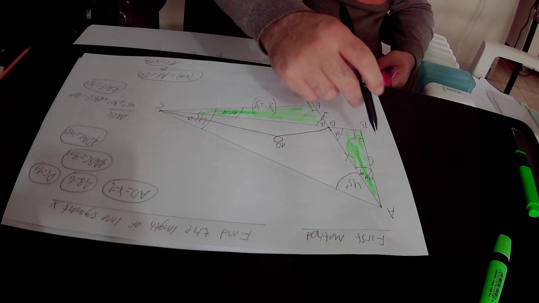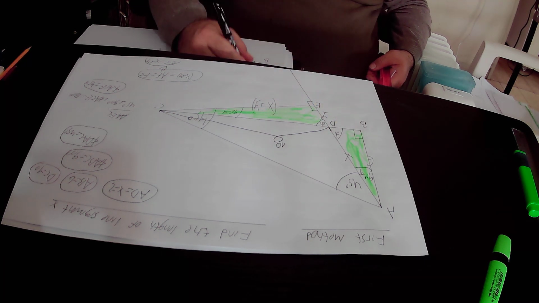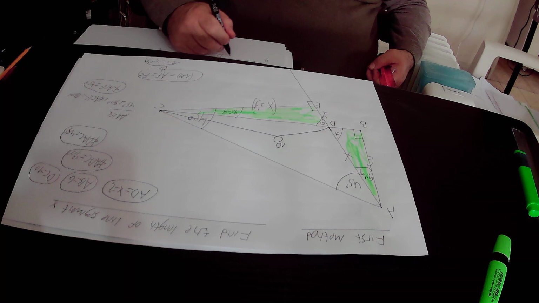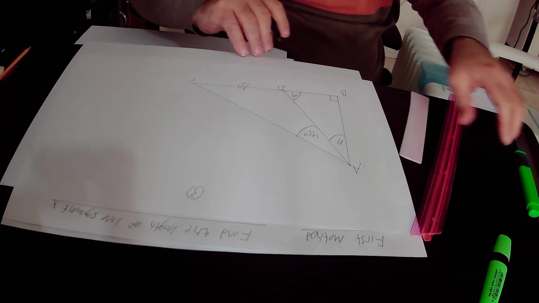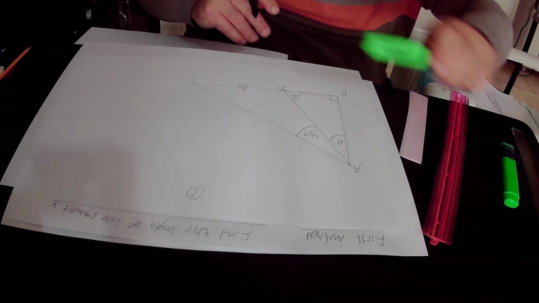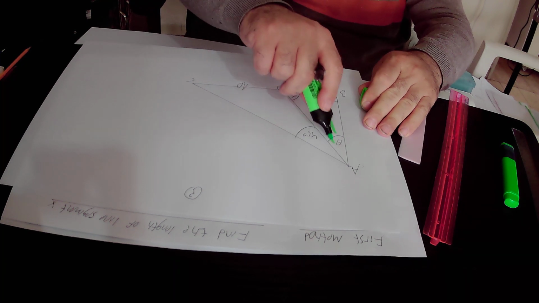We will define angle BAD as theta. This angle equals alpha. So this is the right triangle ABD.